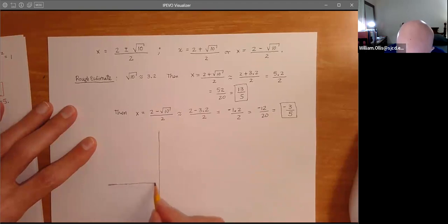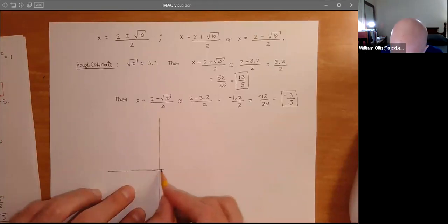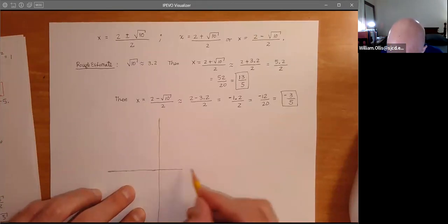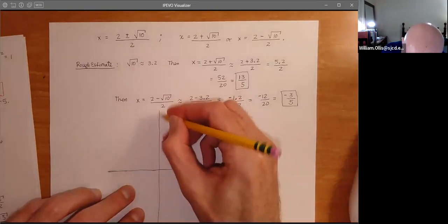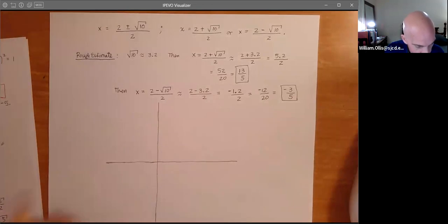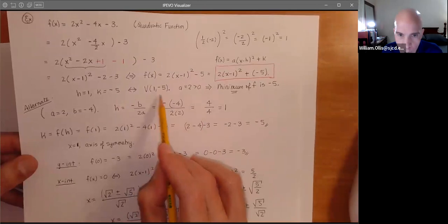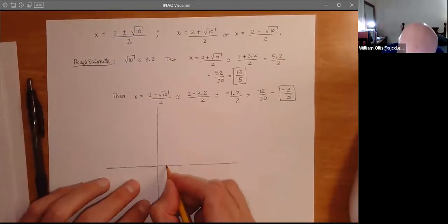So we'll spread out the numbers a little bit so we can get a good picture. So for our vertex, I'll refer over here, come back over here. We have a vertex of 1, -5. So we'll spread this out a little bit.